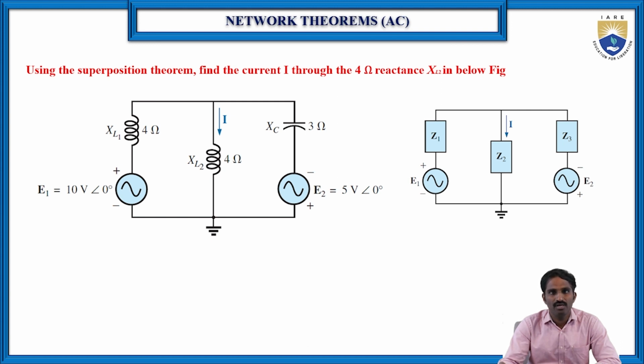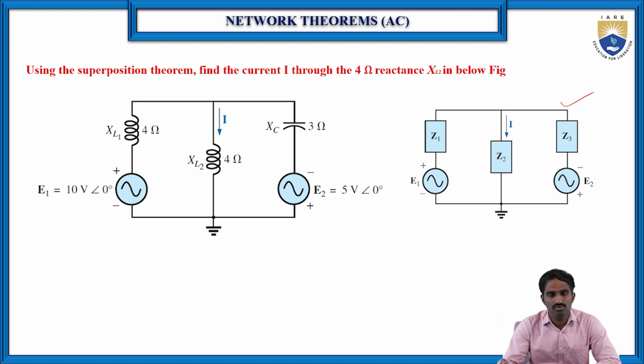Now we are going to apply the superposition theorem to this particular circuit, right? The same way that we have discussed previously, we should consider each source independently, one source at a time, and all other sources are replaced with an open or a short circuit.